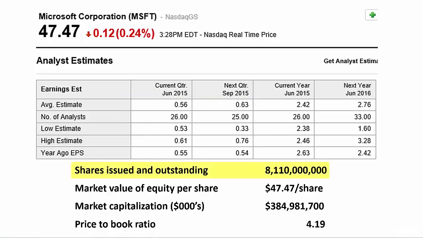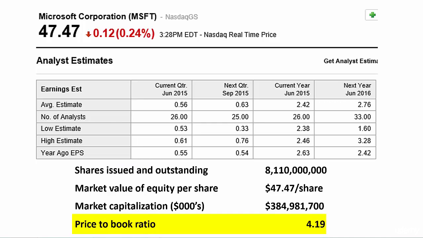Notice that we can take that 8.1 billion shares and multiply it by the $47.47 trading price to calculate what is called market capitalization of $384 billion. When compared to the accountant's view of shareholders' equity that we saw on the previous slide, this number is 4.19 times higher.